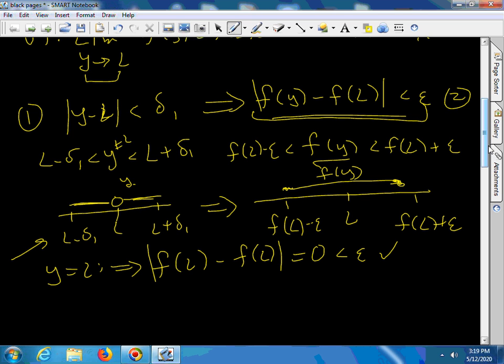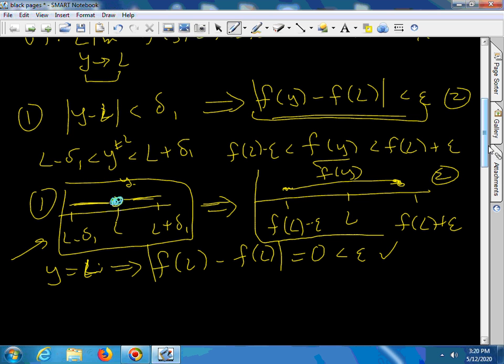Of course it is. So if y equals L, everything's okay. That is, we can fill that in. We're going to need this. So statement 1 implies statement number 2. If you have this, then you're guaranteed to have that.